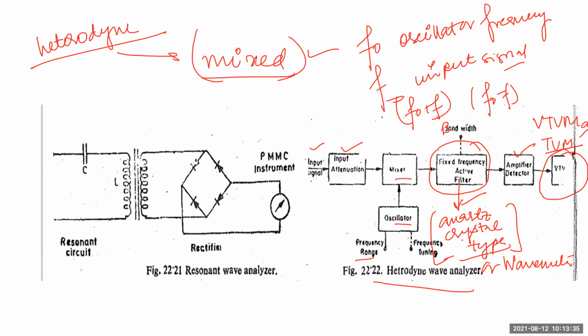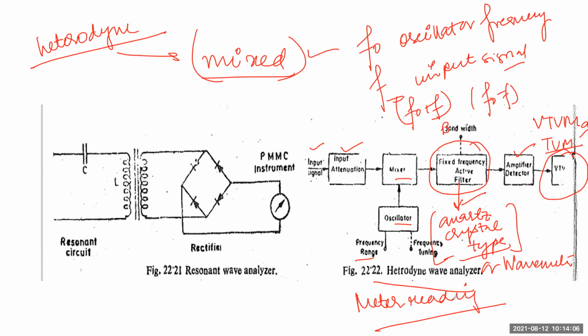In the heterodyne wave analyzer, the meter reading is directly calibrated in terms of voltage, and therefore they are sometimes known as frequency selective voltmeters.